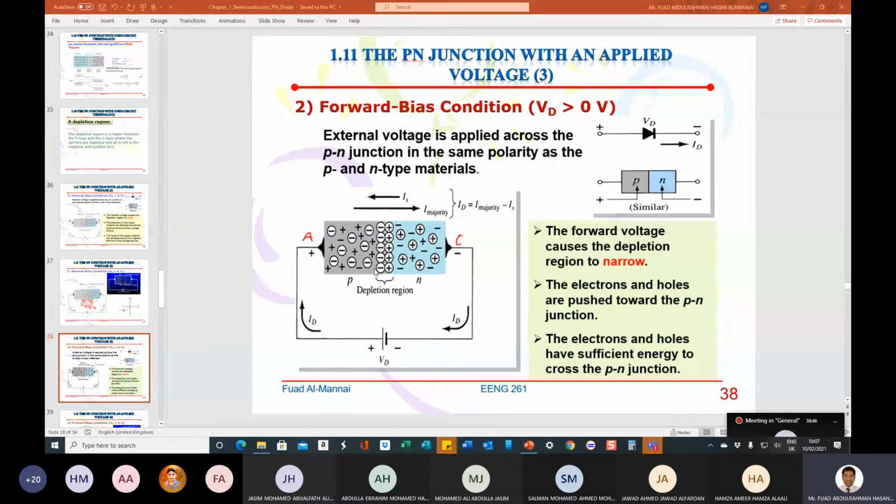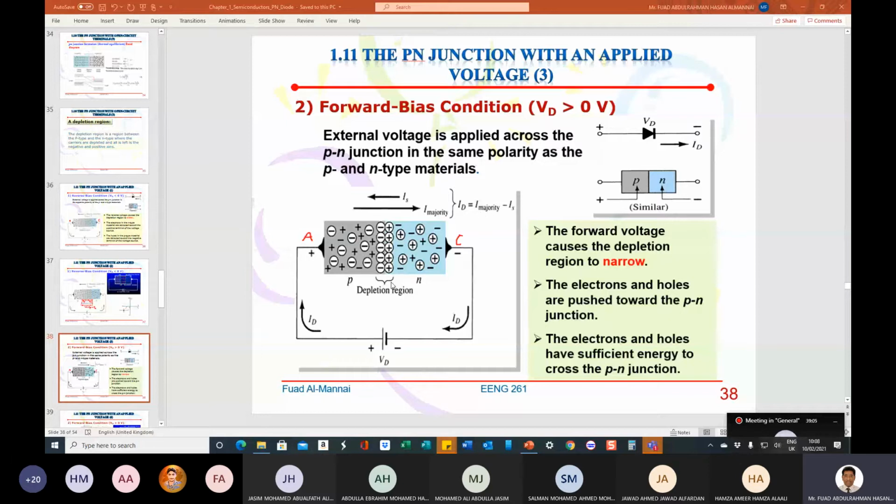Because the depletion region is destroyed, you will get a current flow, and we call this current ID. What do you call it? ID. So ID is equal to what? It is equal to I due to the majority minus I due to the minority.